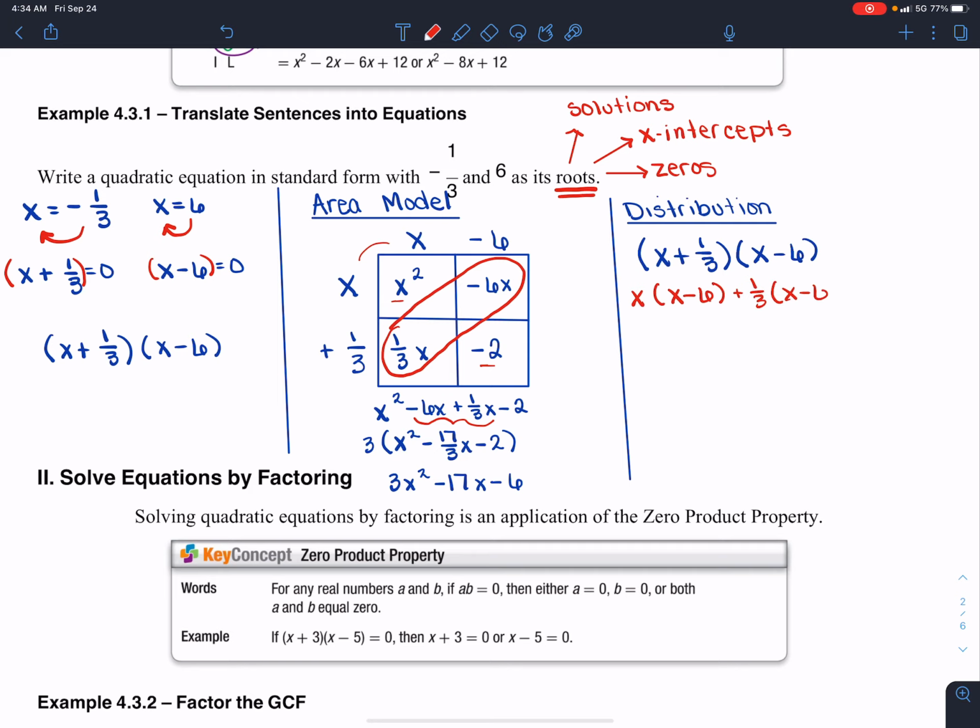That's the property we're actually using when we do distribution. However, again, if you just said x times x, you would get x squared, x times negative 6, plus 1/3 x, and then negative 2.